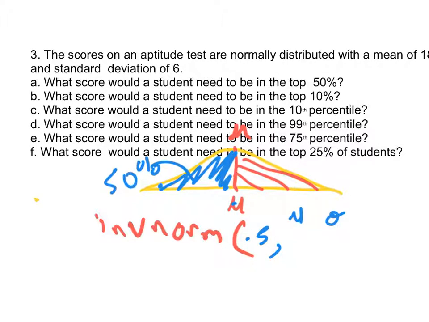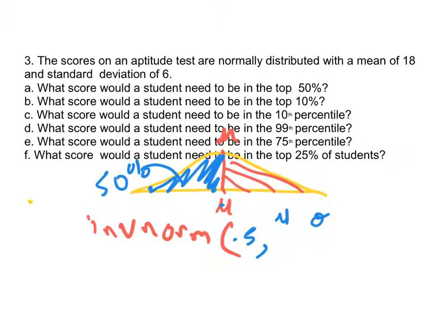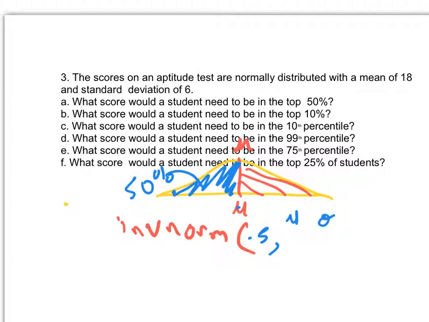So the mean is 18, standard deviation is 6. That'll give you what score would be at this place right here. That'll give you this score. Okay? That's A.